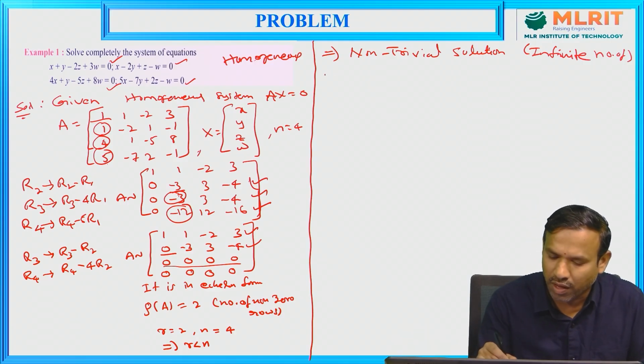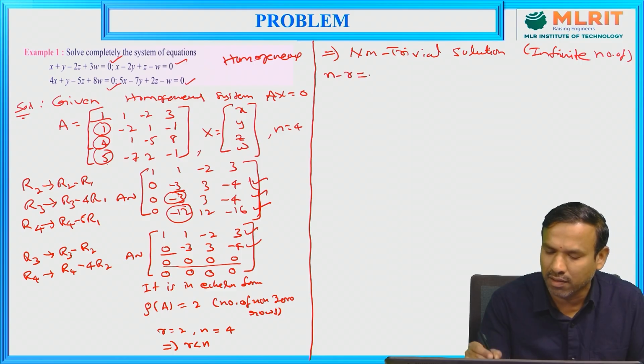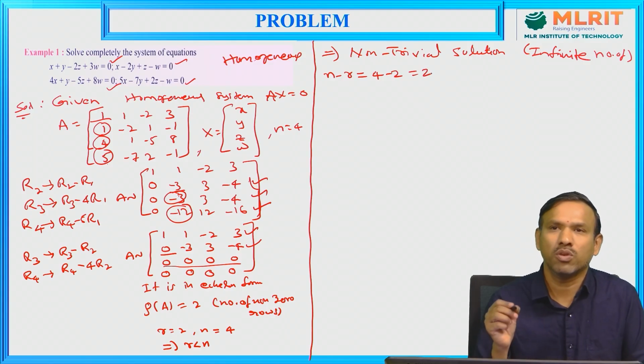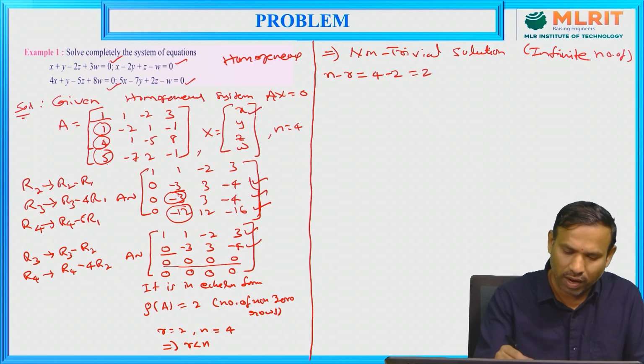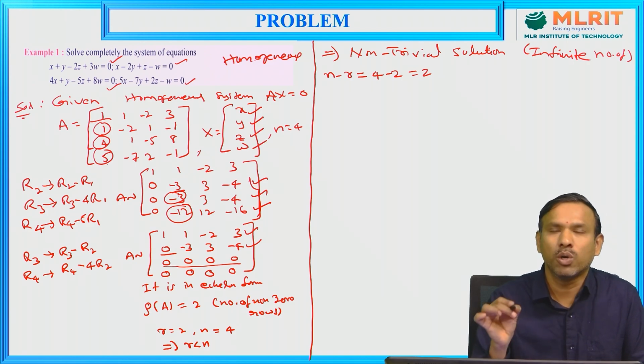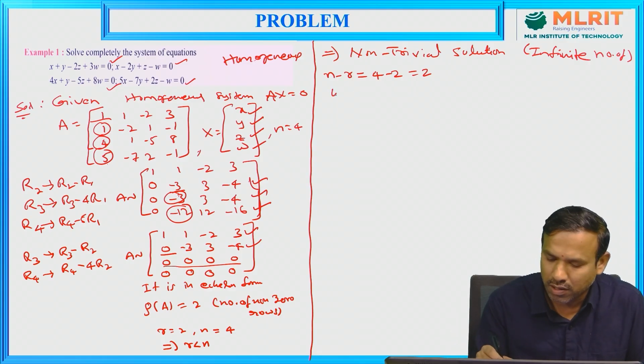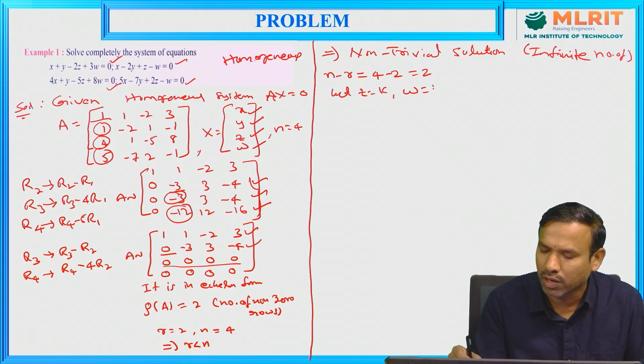So in this case we have a rule: N minus R. Unknowns are 4, rank is 2, the difference is 2. Means out of 4 variables, x, y, z, w, 2 variables will be selected as arbitrary constants. Generally, we select the last 2 variables. So let z is equal to k1, w is equal to k2 be the arbitrary constants.